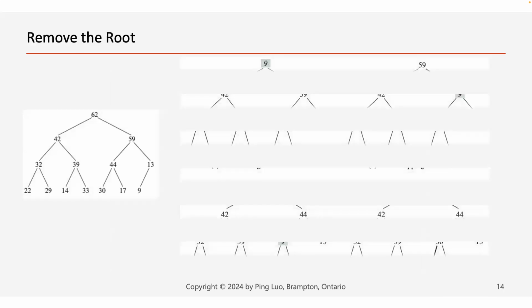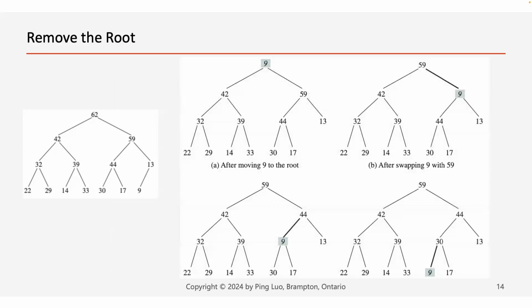And the removal is also similar to the creation. Every time you remove, for example, when 62 is removed, we first take the smallest number, the last one from the array, to replace the previous largest number at this location, and then swap things. 9 is smaller than 59, so swap the two of them.